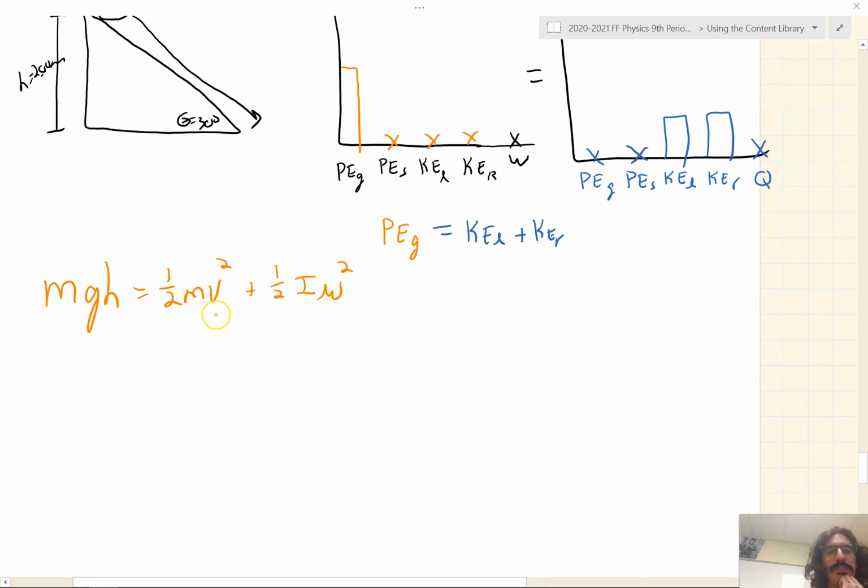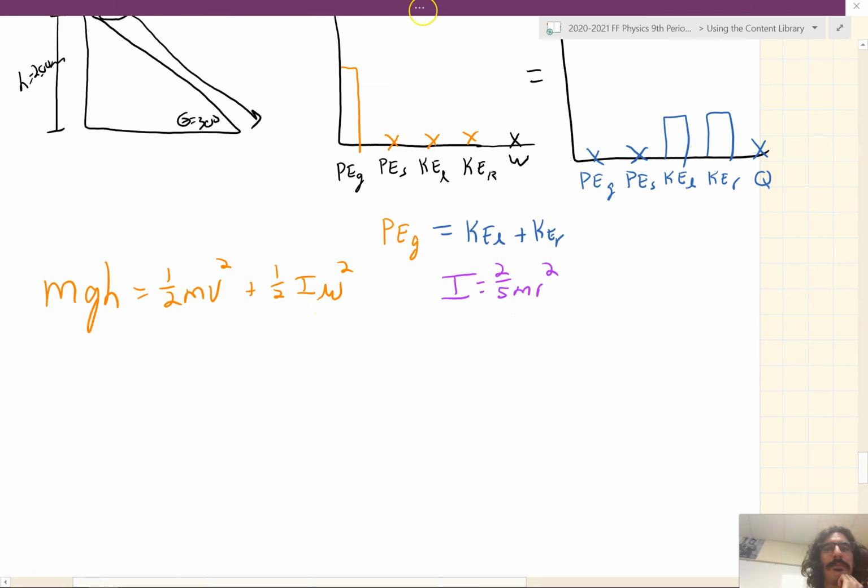And what we want to do is solve for v, the linear velocity. We have to look up the moment of inertia of a solid sphere, and that is 2/5 mr squared. So we'll plug that in for I.